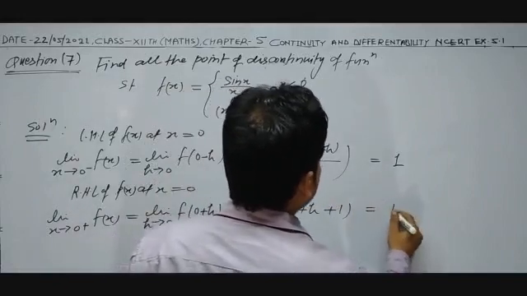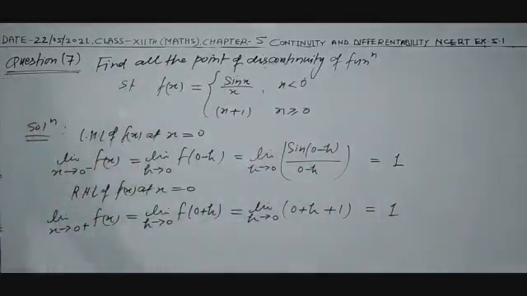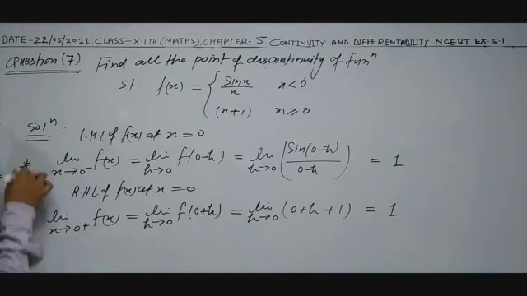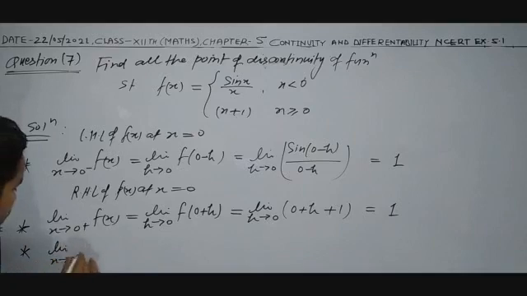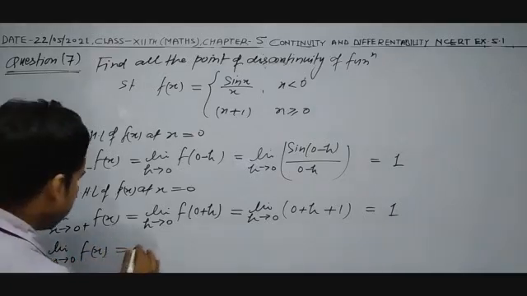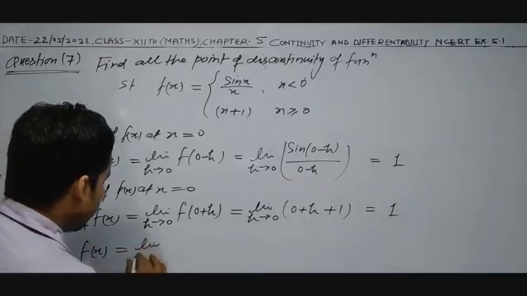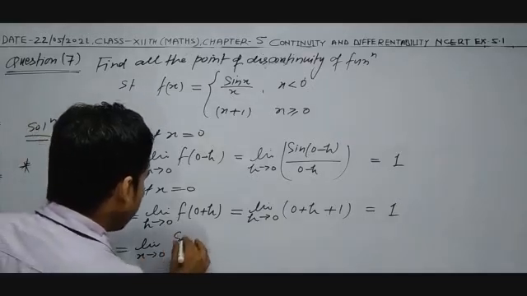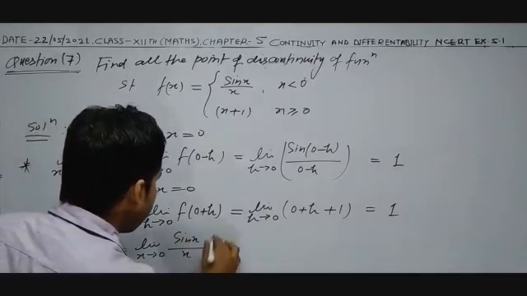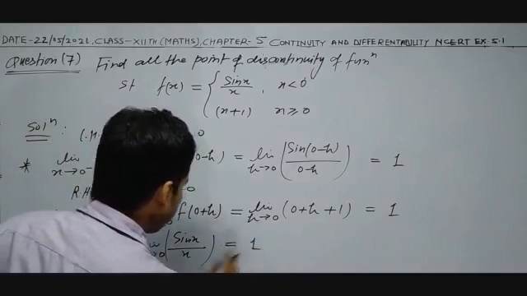So the result is 1. The third is the value of the function at the given point. Third point is limit x tends to 0 f(x) is equal to limit x tends to 0 sin x upon x, and this result will go to 1.